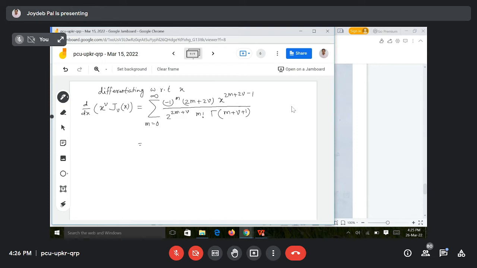For that, you need a bit of simplification. No other things are required, just simplification. So 2m plus 2 nu, I am writing it as 2 into (m plus nu). Now x to the power 2m plus 2 nu minus 1, I am writing it as x to the power 2m plus nu minus 1 into x to the power nu. Can I write this?